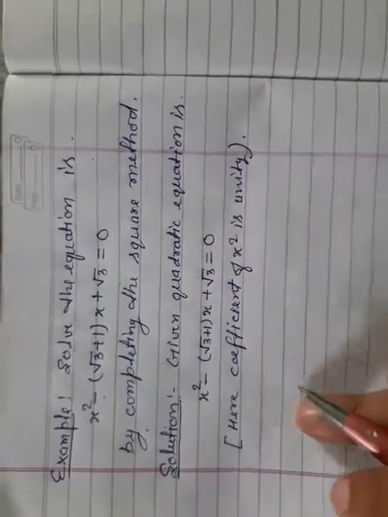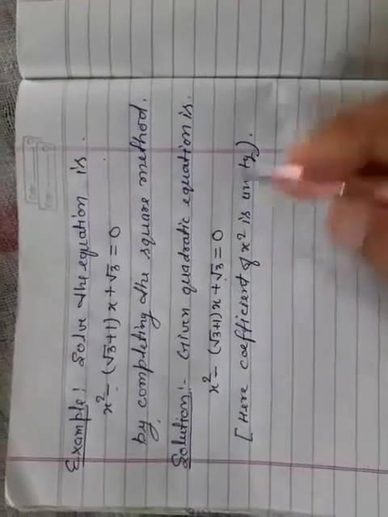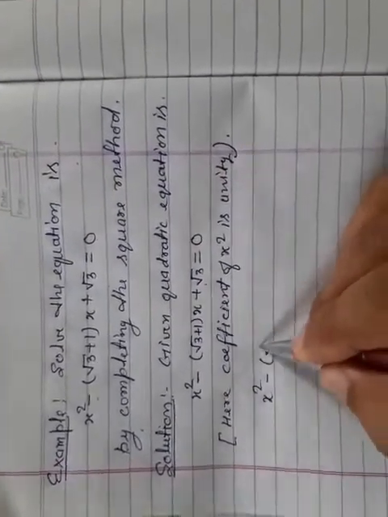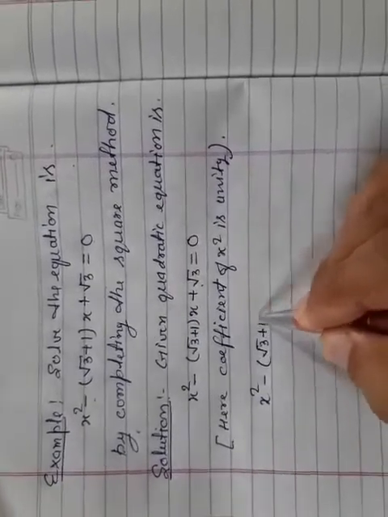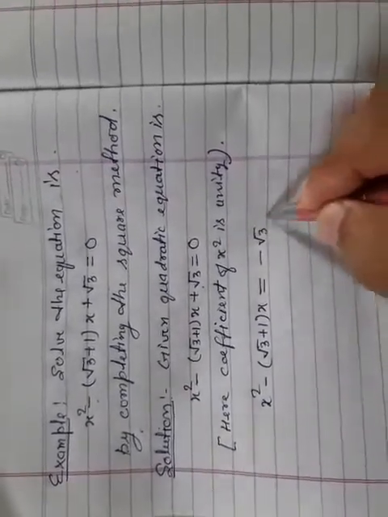Now let's transfer the constant term: x square minus (under root 3 plus 1) x is equal to minus under root 3, clear.